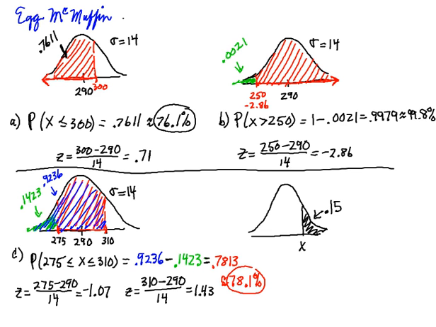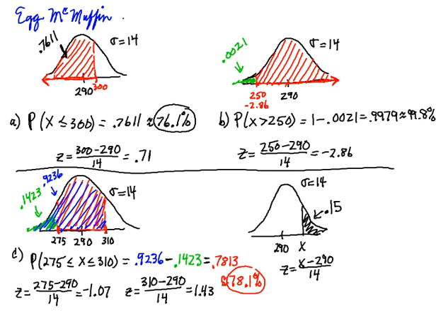In other words, what is the calorie amount such that 15% of the servings or the Egg McMuffins are above that? Well, I still have the same distribution of 290 and standard deviation 14. What's going to relate all these values together to solve for x? Well, the formula that relates everything is the z-score. So I'd have x subtract 290 over 14.